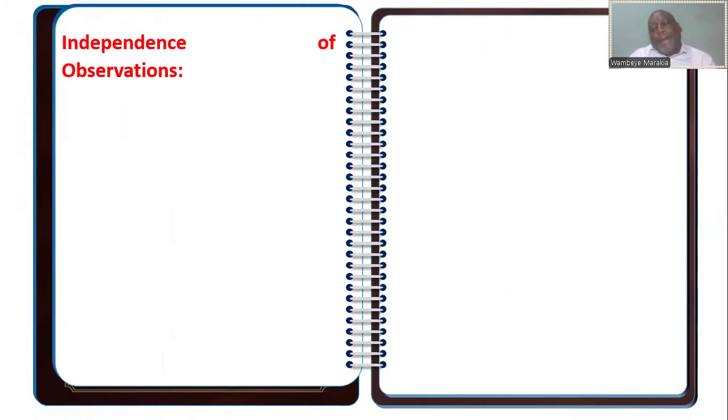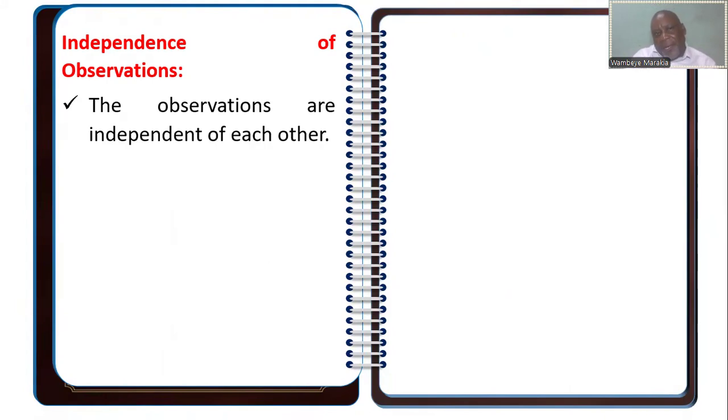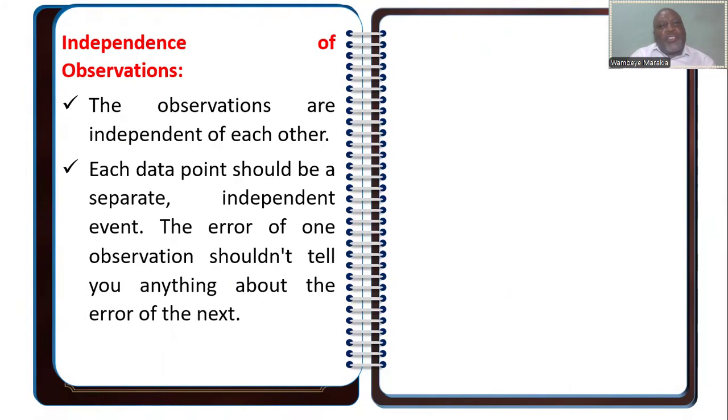Now, another assumption is the assumption of independence of observations. The observations are independent of each other, and each data point should be a separate, independent event. The error of one observation shouldn't tell you anything about the error of the next.